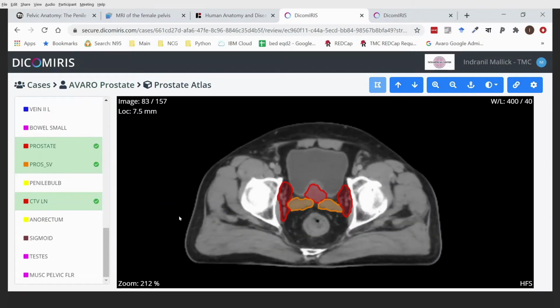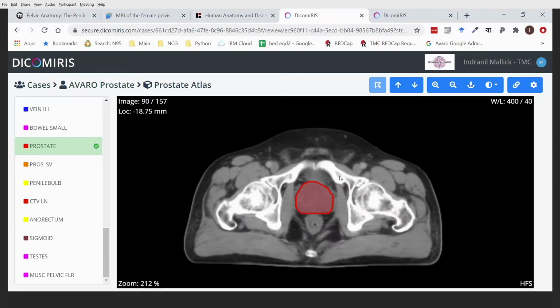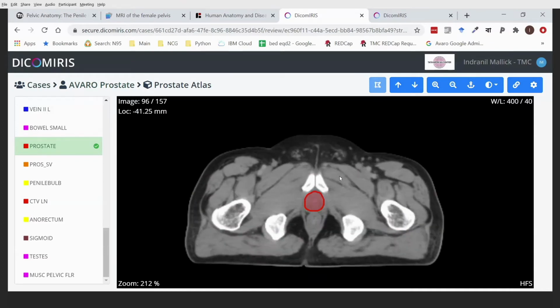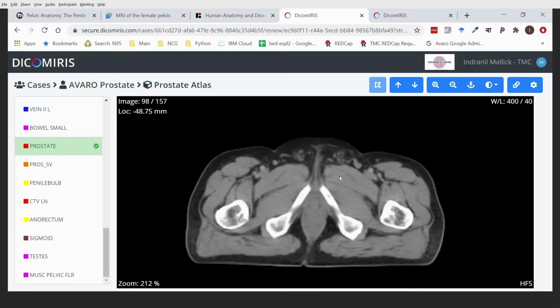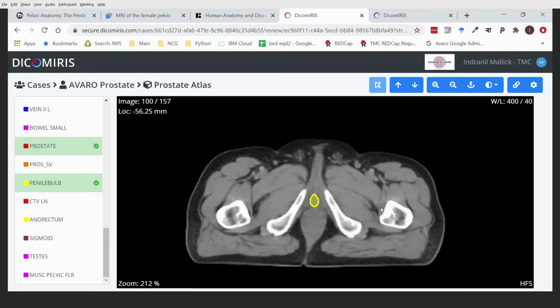Now, as I mentioned, we generally start by identifying the penile bulb, okay? And once we've identified the penile bulb, we go about a centimeter above, and we start contouring the prostate gland.